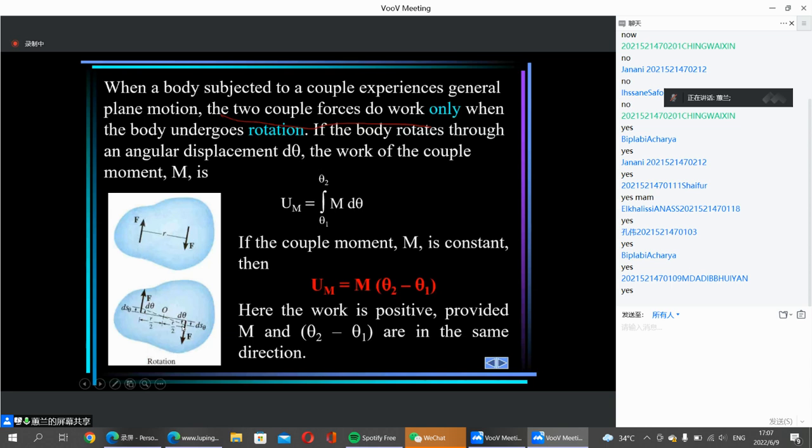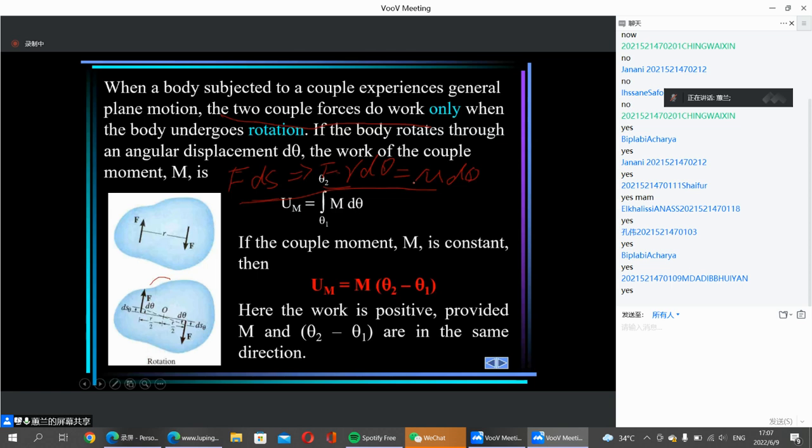Or you can calculate it for rotation. When it's rotating, it will be F ds, and ds is equal to R d theta, and F times R is actually the moment, right? When it's rotating, the forces have the same direction of work, so it will not cancel out.